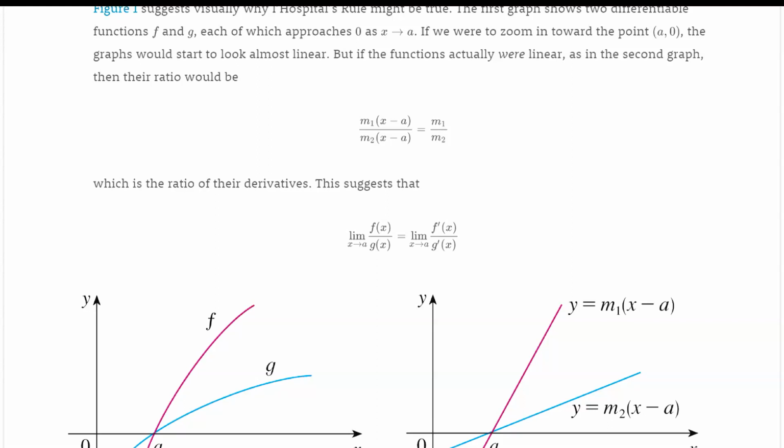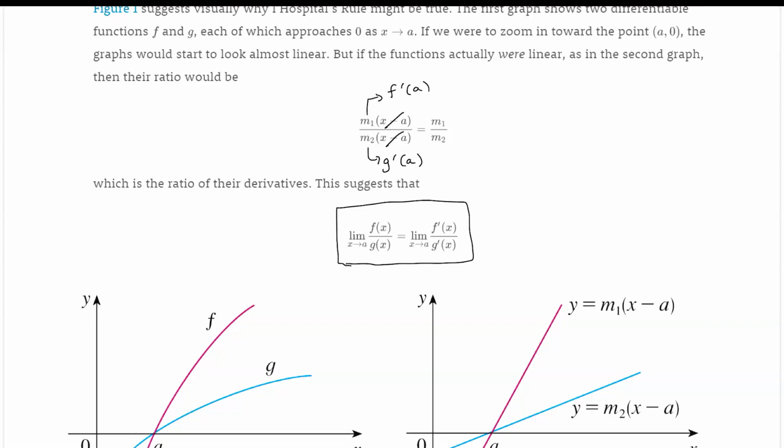So what your book has shown here is that we can replace f with m1 times x minus a and g with m2 times x minus a, and of course the x minus a's cancel, but this slope m1 is really f prime of a, and the slope m2 is really g prime of a. So when we take the limit of the ratio, thinking about the idea of linearization, what we really wind up with is a ratio of slopes, and those slopes are given by derivatives.